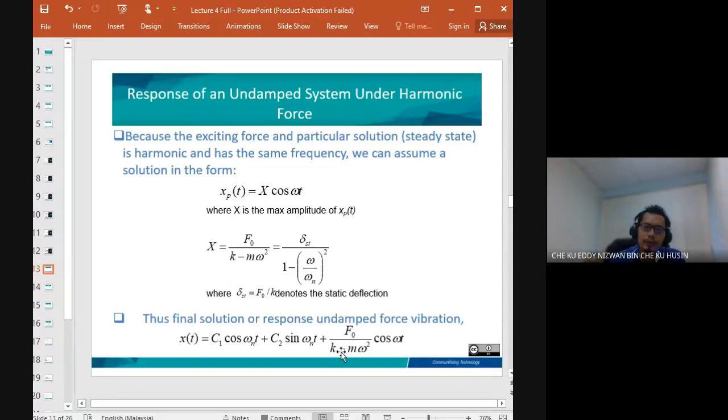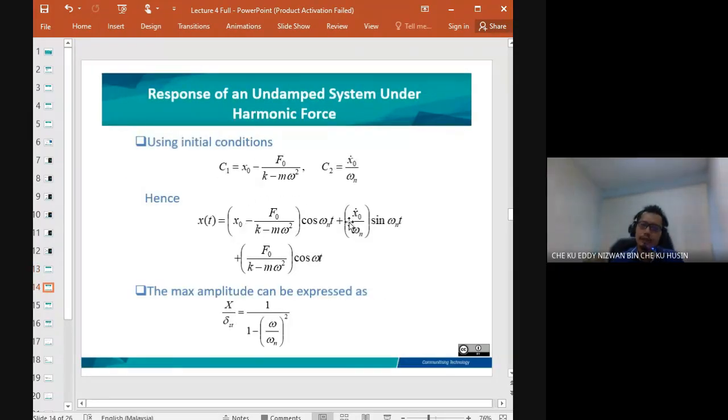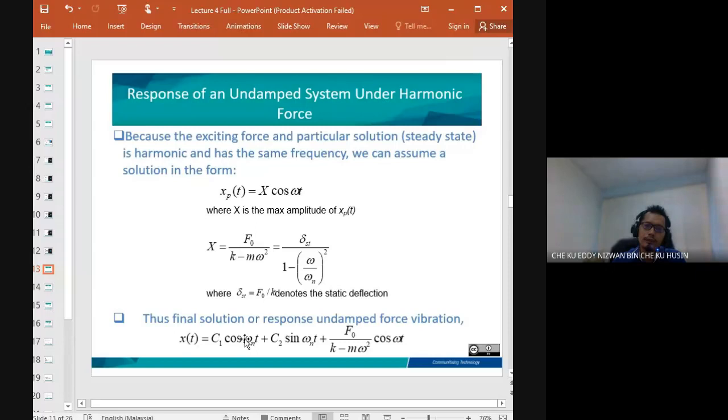K is KT, and M here is J naught. So you have to consider the equivalent for all the parameters, then you can use this equation. To avoid confusion, it's better for you to derive from this solution. Maybe I will show you an example and the solution later on.